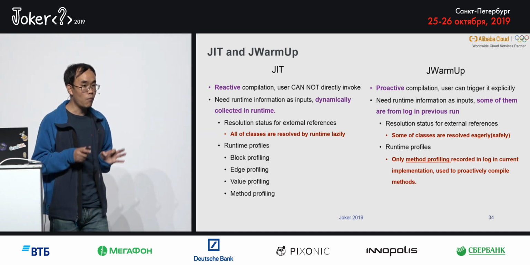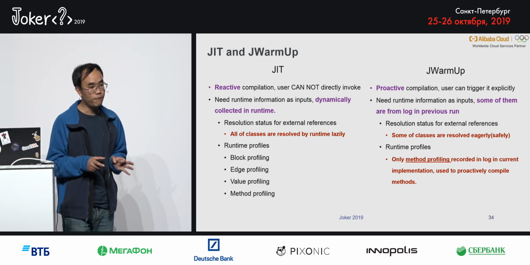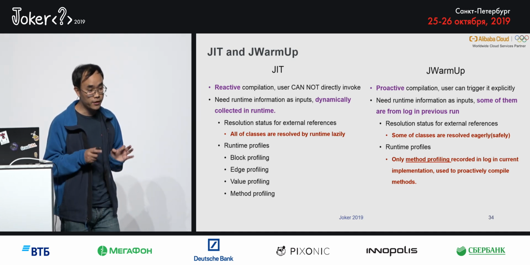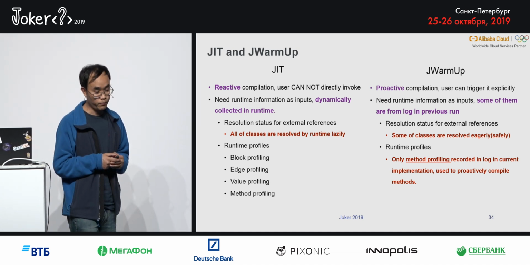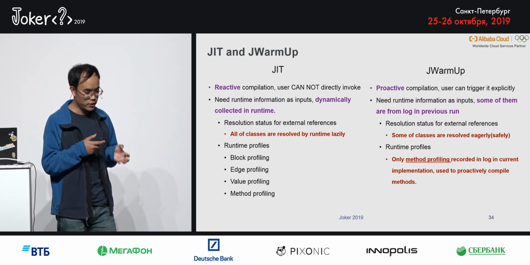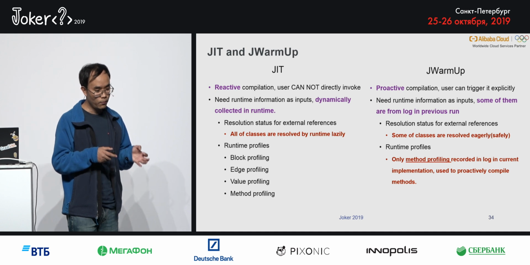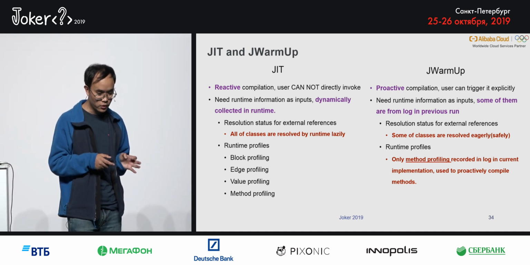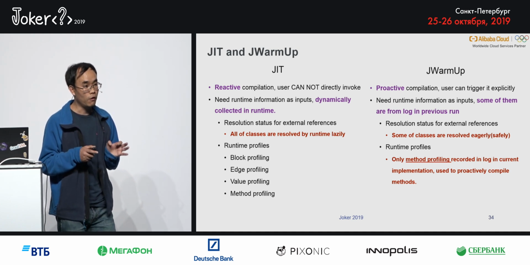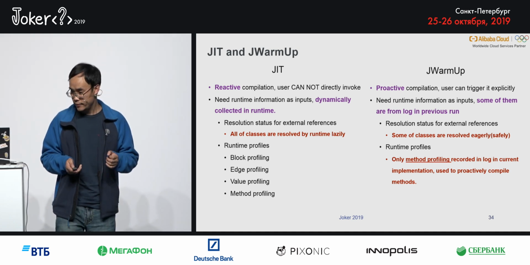We use a warm-up profile to identify which methods are hot. Then for compilation, maybe in the future we will consider taking more profiling information so that we can produce higher quality code.